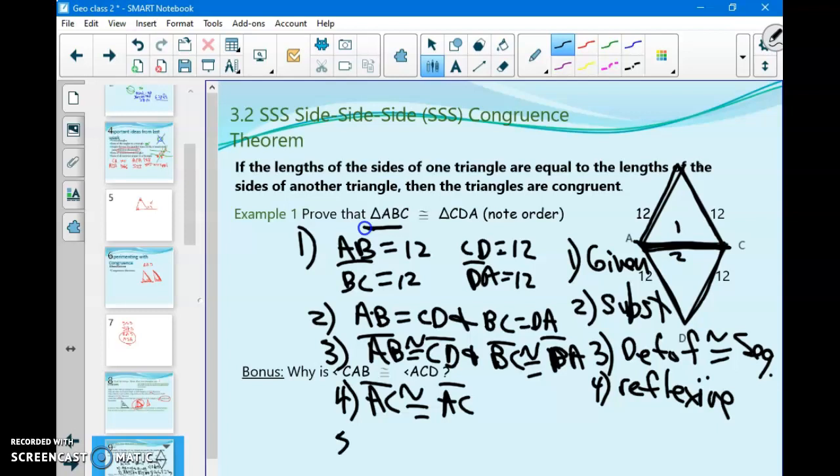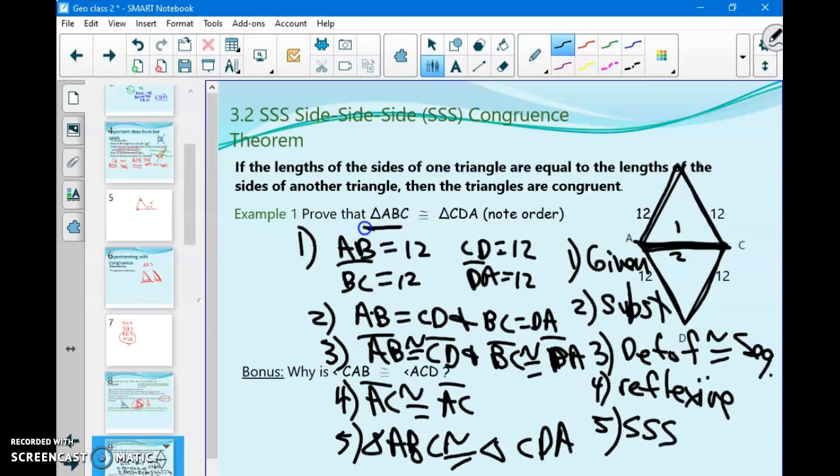So if that's true, I know that triangle ABC is congruent to triangle CDA because all three sides of one are congruent to all three sides of another. It's called side, side, side, and we talked about that.